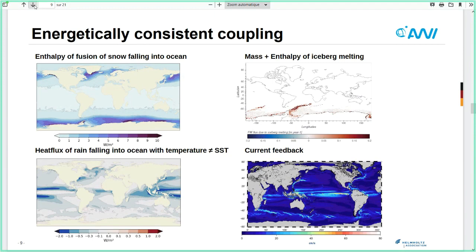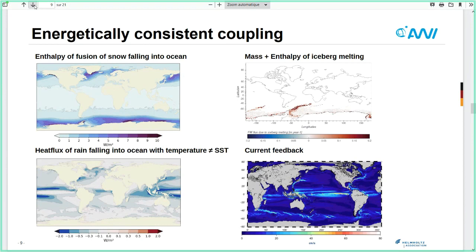But then there's also some other smaller things. For example, mass and enthalpy of icebergs that are melting. So we now have an iceberg model inside FESOM in this newer version. We can also have at least an approximation of what kind of heat flux comes together with rainfall, because the temperature at which rain falls into the ocean might not be the same as the ocean surface.